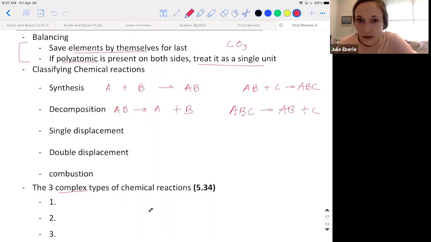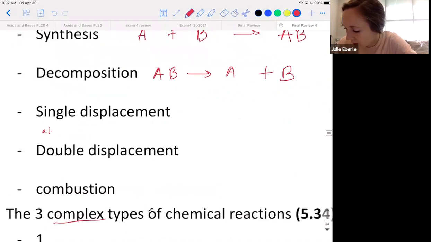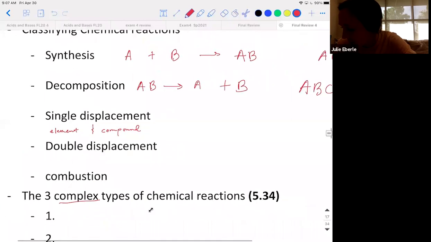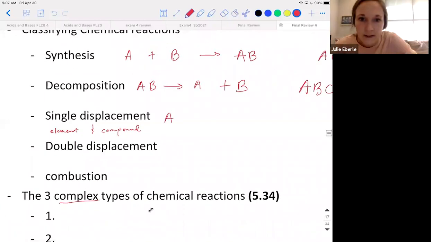Single displacement. This is when you have something by itself, like an element, and then you have a compound. I'm going to zoom in. So it looks like this. We have element A, and then we have compound BC.